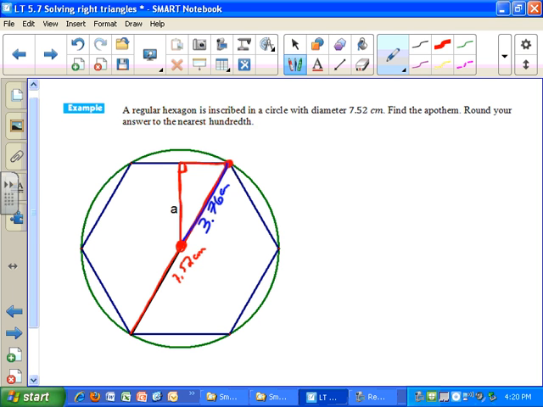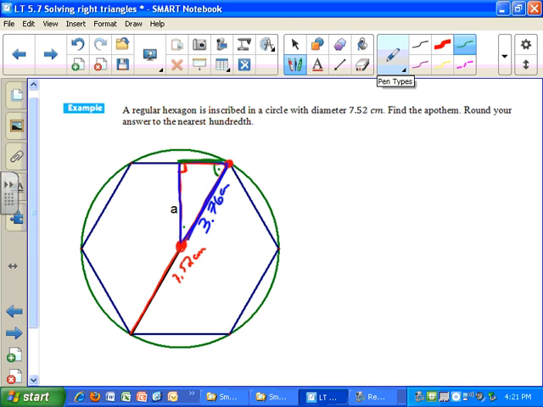Well, we only know one piece of information in that triangle. I only know one side. And when you go back and you're using those formulas, you need to have one angle and two sides to be able to use trig. So we either need to know one of these two angles, or we need to be able to find the length of that third side.